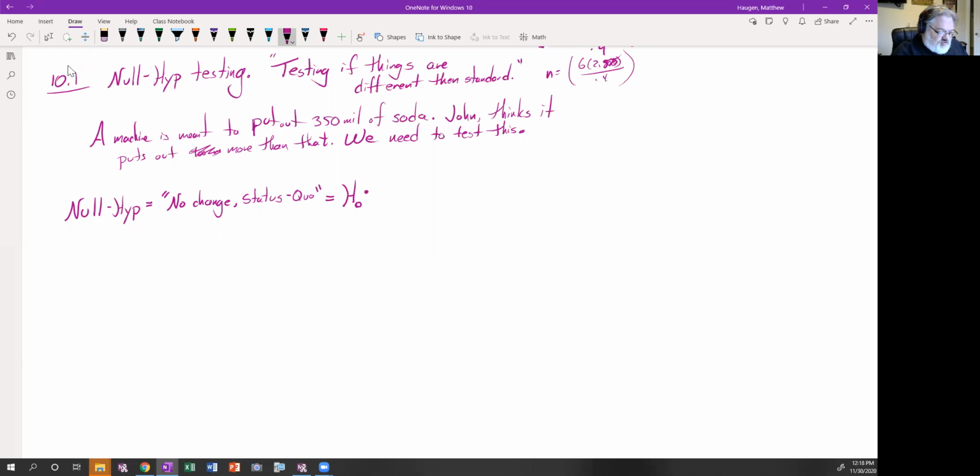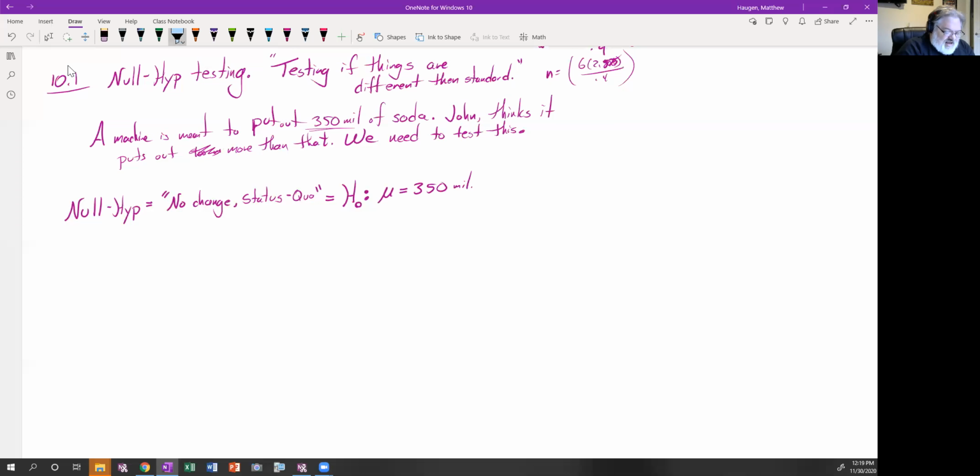In this case, our assumption is that this machine should be putting out, on average, 350. So our average should be equal to 350 milliliters. Now, it might sometimes put in a little bit more or a little bit less, but it should be averaging centered around 350. Fair?